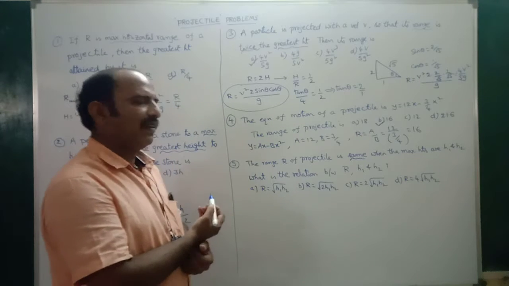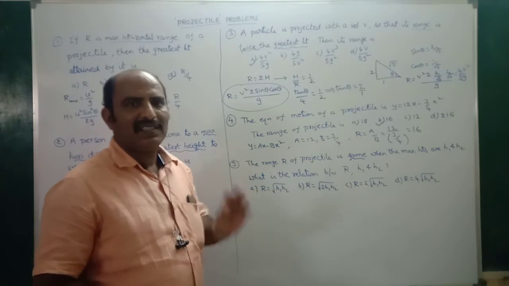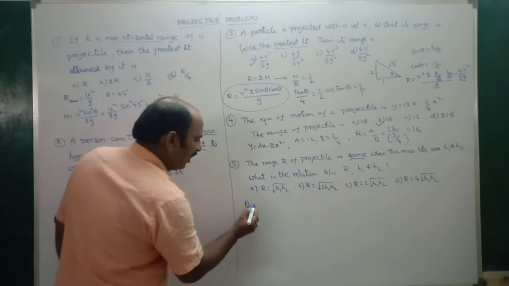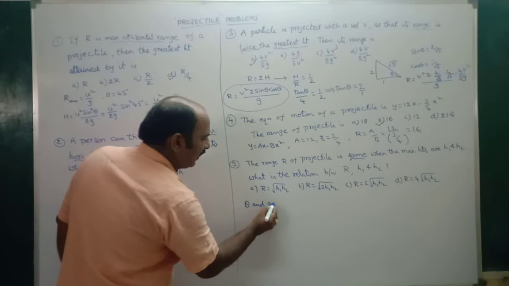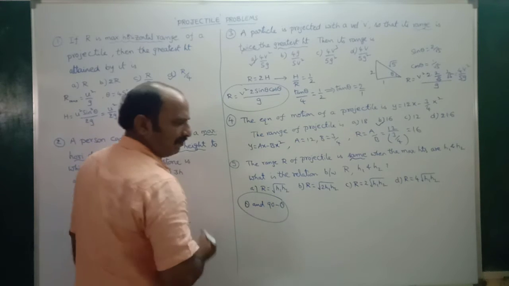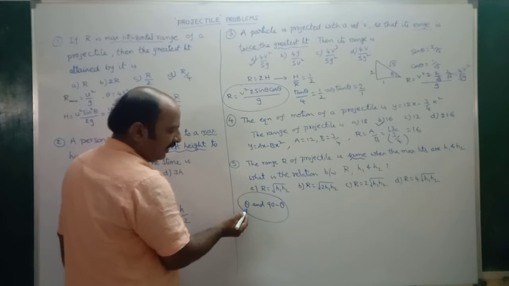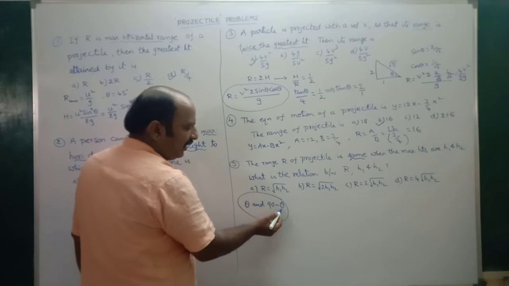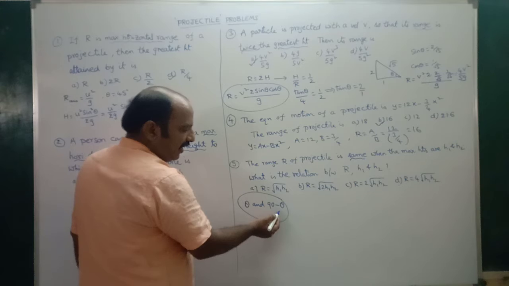See fifth one, the range R of a projectile is the same when the maximum heights are H1 and H2. You know range is the same for two angles of projection, one is theta and the second one is 90 minus theta. Then the range is the same. Theta is for H1, 90 minus theta is taken for H2.